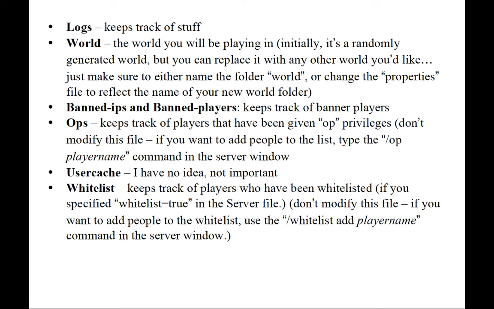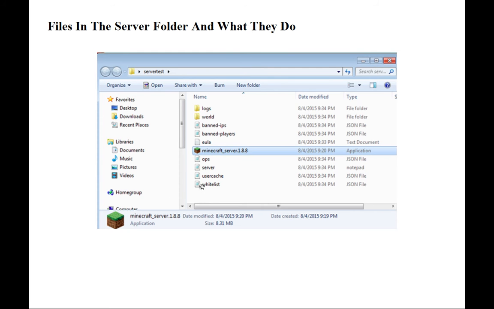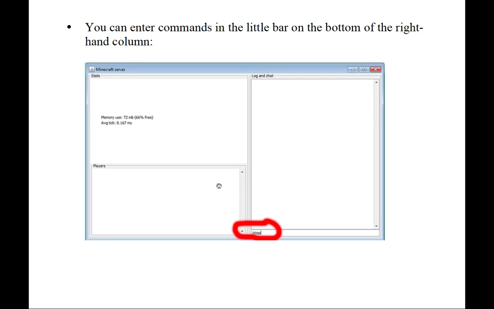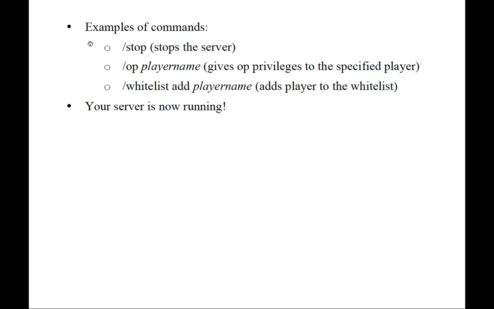And the way you do it, you don't modify this whitelist folder or file. What you do is you go to your server window and you type into this little bar /whitelist add and the player name. You can also /whitelist remove the player name if you want to take people off the whitelist if they've been misbehaving. But that's how you add them to the list.